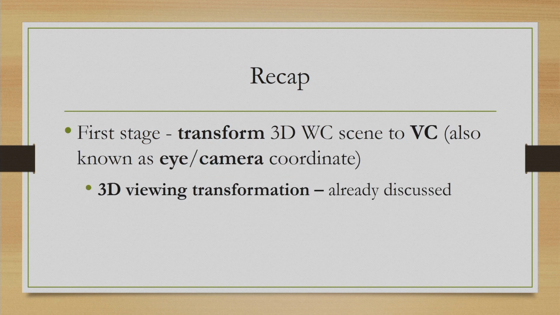The first sub stage is a transformation from the 3D world coordinate scene to a view coordinate description. This view coordinate system is also known as the eye or camera coordinate system, and we have already discussed this transformation, which is called 3D viewing transformation, in the previous lecture. So, this is already discussed.